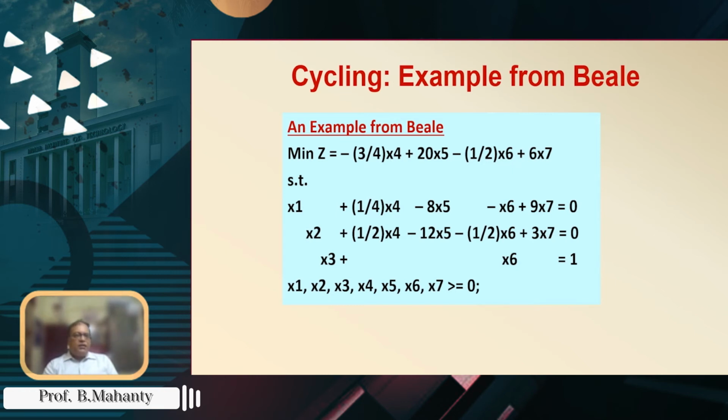The problem is: minimize z equal to minus 3 by 4 x4 plus 20 x5 minus half x6 plus 6 x7, subject to x1 plus 1 by 4 x4 minus 8 x5 minus x6 plus 9 x7 equal to 0, x2 plus half x4 minus 12 x6 plus 3 x7 equal to 0, and x3 plus x6 equal to 1.